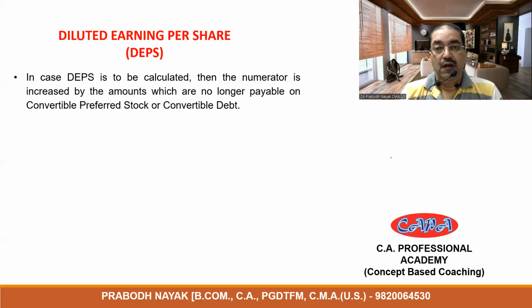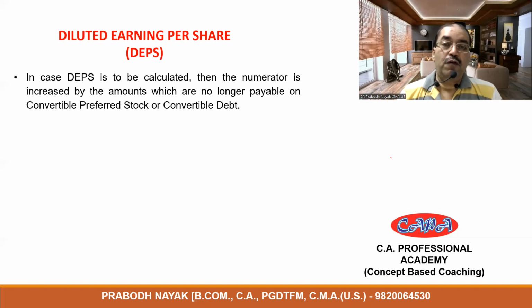However, if you have convertible preferred stock, then how is the net income affected? If the stockholders exercise the option of converting the preferred stock into common stock, then the preference dividend is no longer payable, because the preference shares will not be there. They are going to be converted into common stock.